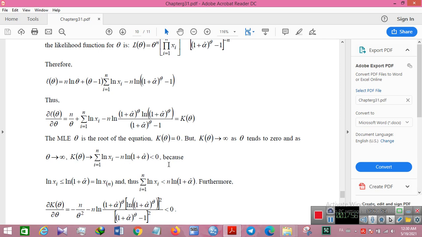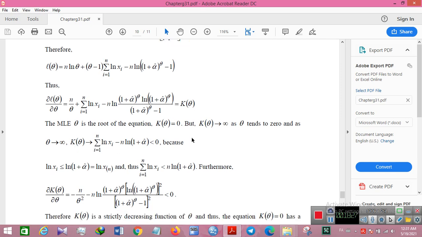So the function chi theta is a decreasing function of theta, and at 0 it is positive, and at infinity it is negative.